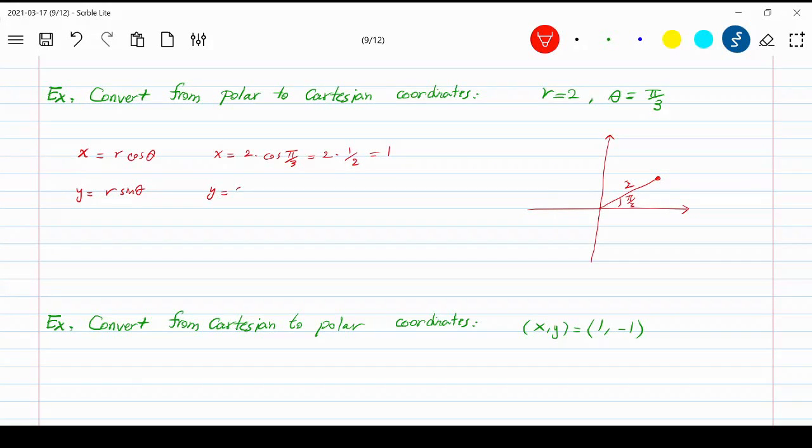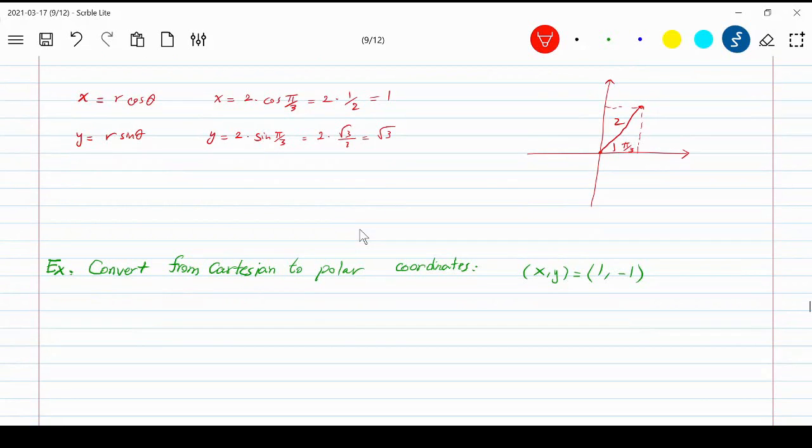And y would be 2 times sine of pi over 3, which is 2 times square root of 3 over 2, so root 3. My drawing wasn't that close, maybe something like this. The angle is 60 degrees, so pi over 3. So what we found is basically this x coordinate and that y coordinate.